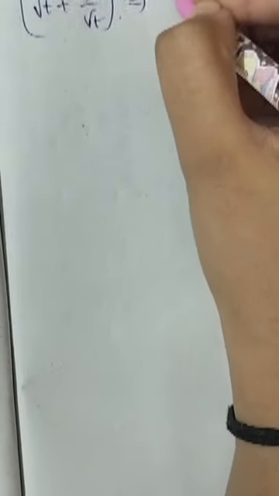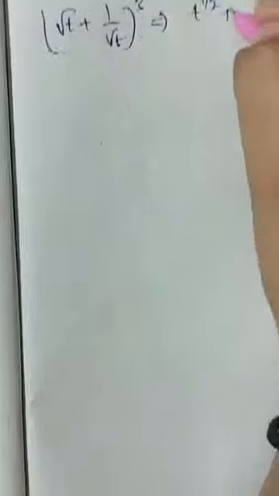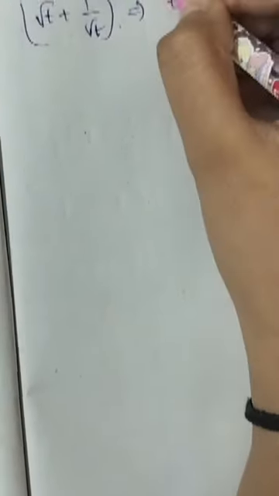So now we will be doing another type of question, that is Laplace transform of root t plus 1 by root t whole cube. So here we'll be considering f of t part whole cube. We can write this as t power 1 by 2 plus 1 by t power 1 by 2, whole cube. It is of the form a plus b whole cube.